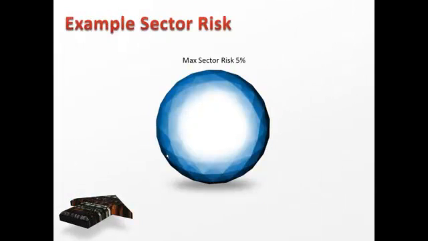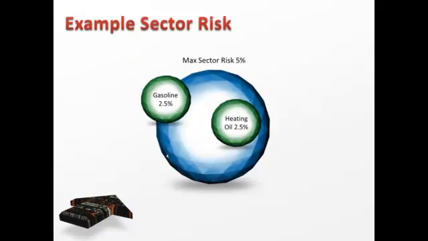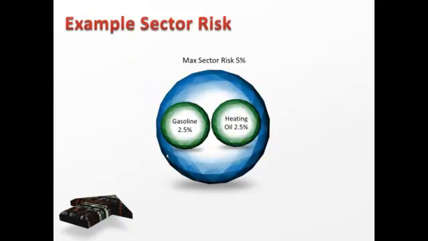Again, you've got, let's say, a heating oil trade, and if I did these in reverse order, I apologize, but you've got it graphically here to keep it straight. So let's assume we've got a heating oil trade, and the risk in that is 2.5% to your account, and that's currently an open trade. And you've also got on a gasoline trade at the same time, and that risk to your account is also 2.5%.